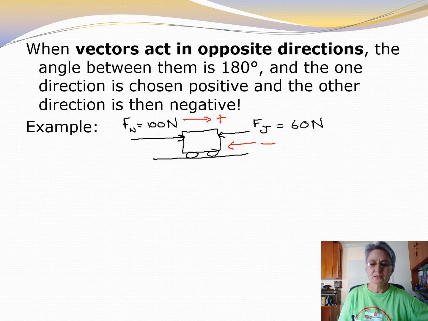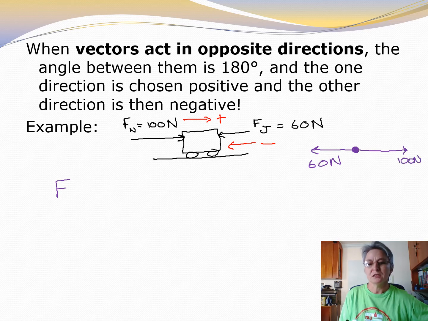When we add these forces algebraically, because the angle between them, if I tie the tails of the forces, 60 newtons in that direction and 100 newtons in that direction, it is easier to see that the angle between the two forces is 180 degrees.